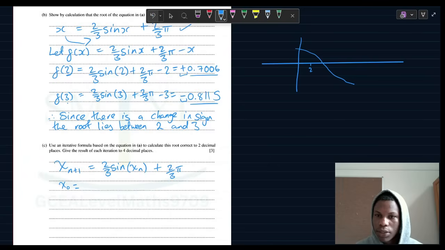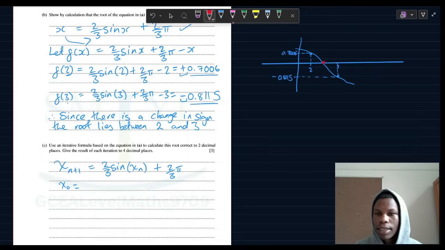We notice that at 2, the function value was positive 0.7006. And then at 3, the function value was negative 0.8115. So what we're looking for is the x value that makes this function equal to 0, because that is the solution of that equation.